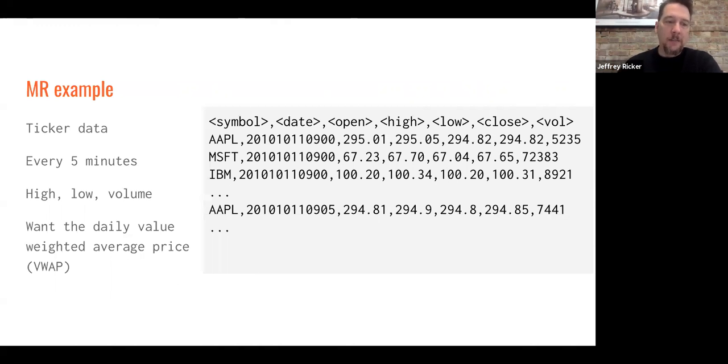And what we'd like to have is the volume weighted average price for the day, VWAP. And this is a value that's often used on Wall Street, right? In essence, you'll trade with a broker and say, I want to trade 1 million shares of this stock for the volume weighted average price for the day.